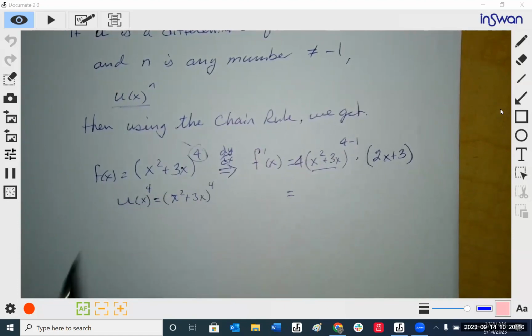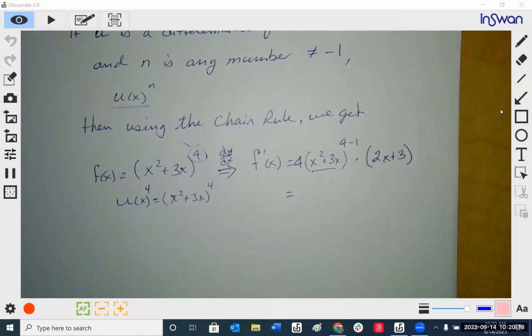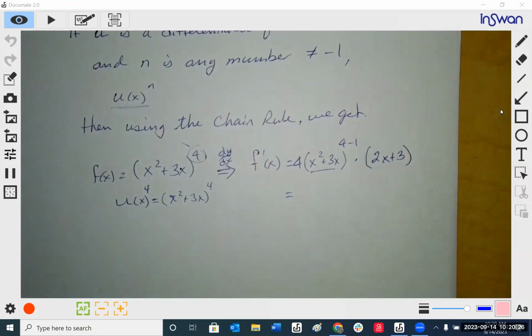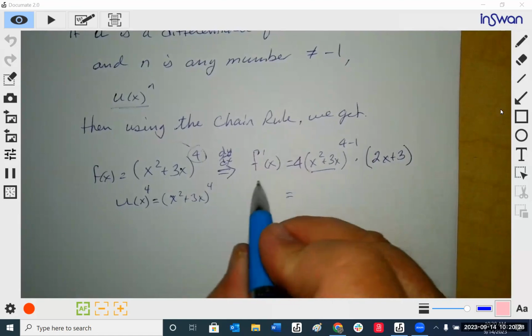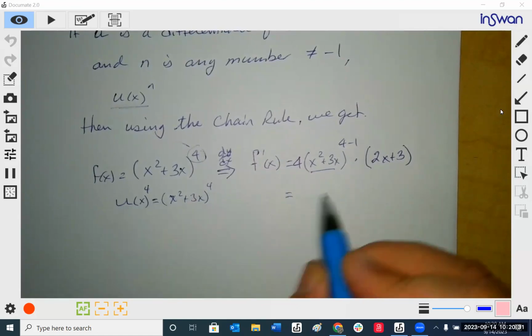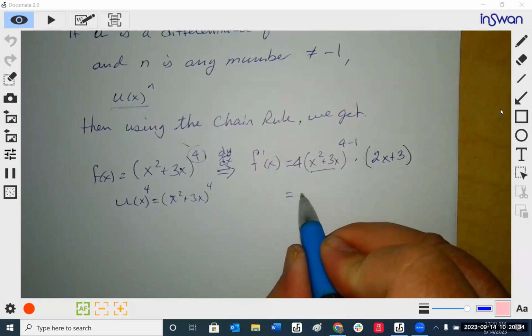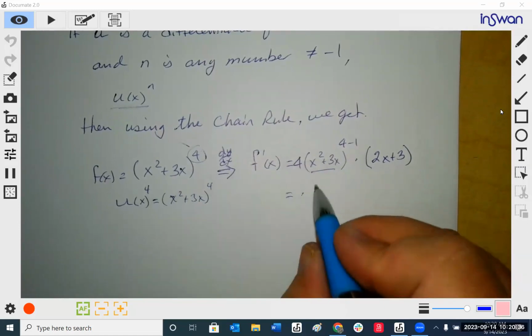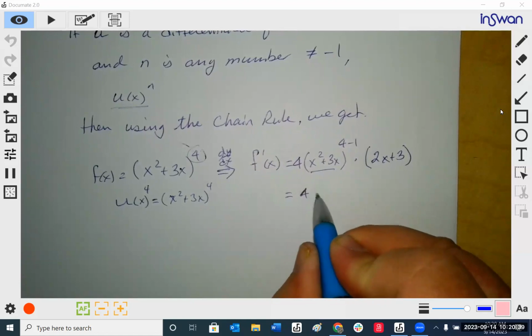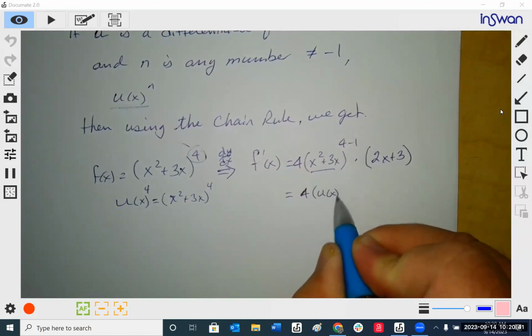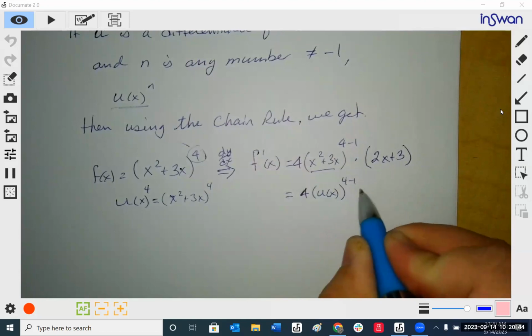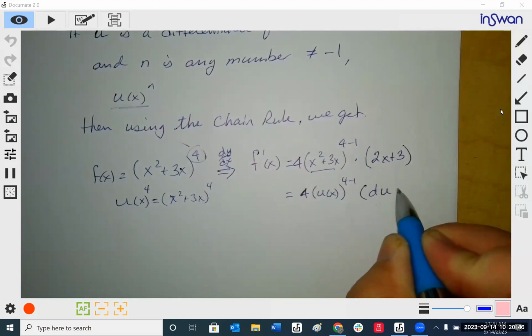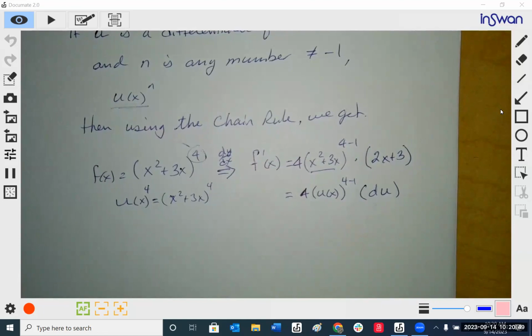So it's u of x to the power 4. So the derivative is 4 u of x to the 4 minus 1, times du dx.